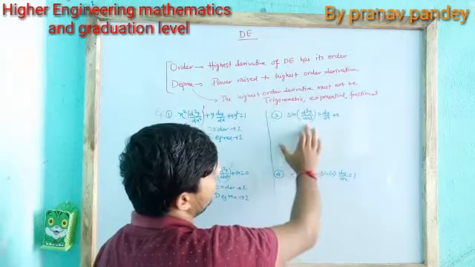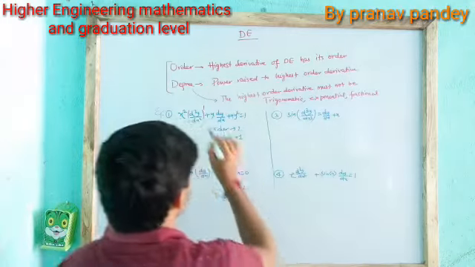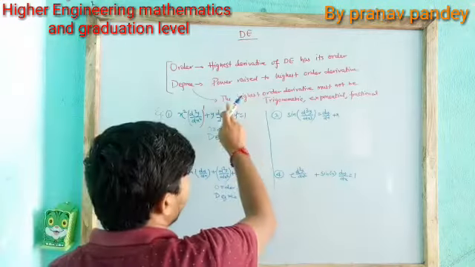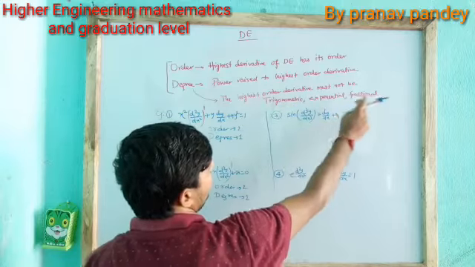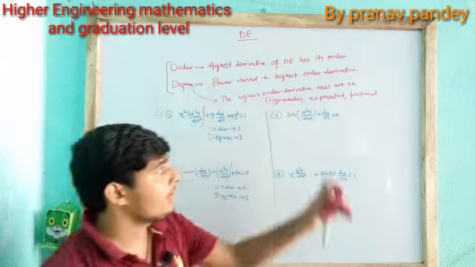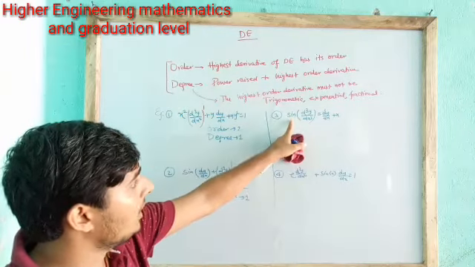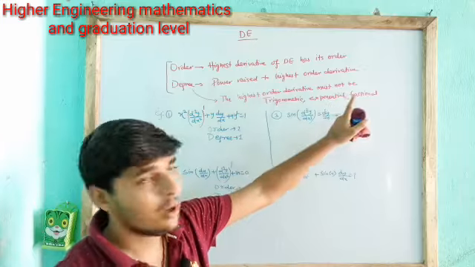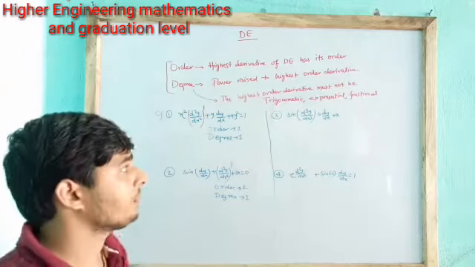Sin d3y by dx cube is equal to dy by dx plus x. The necessary condition for degree is that the highest order derivative must not be in a trigonometric, exponential or fractional form. If the highest derivative is in a trigonometric function or exponential function or a fraction, then its degree will not be defined.